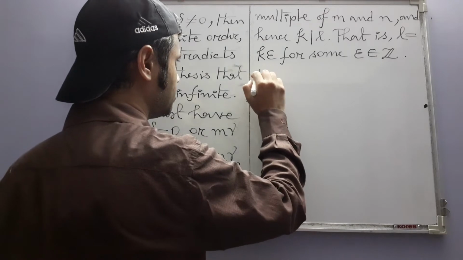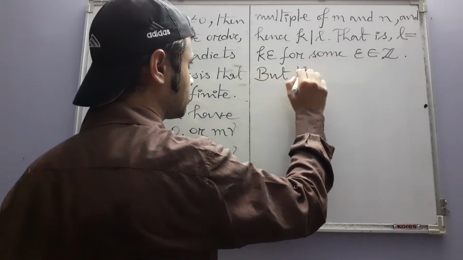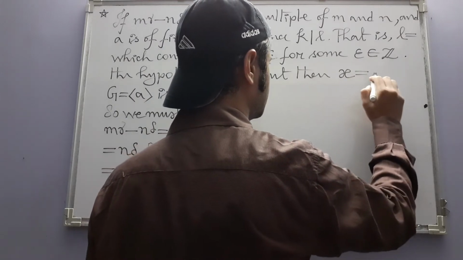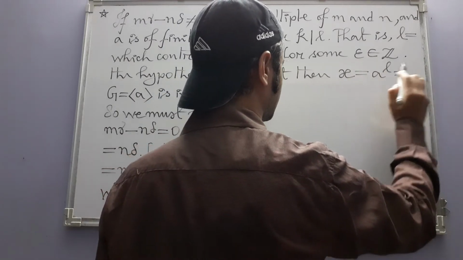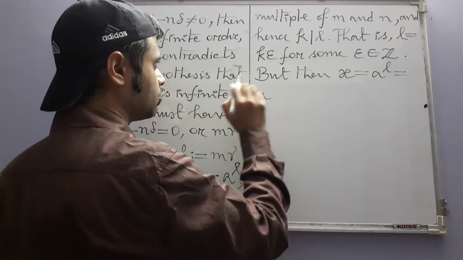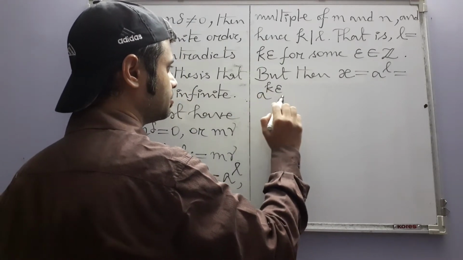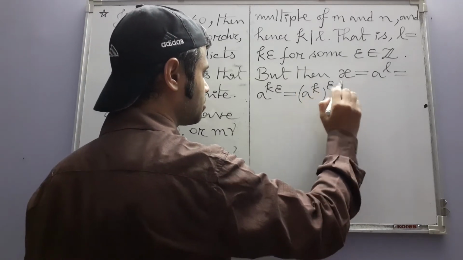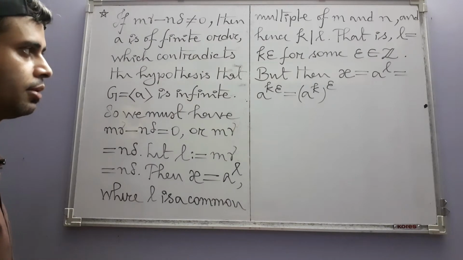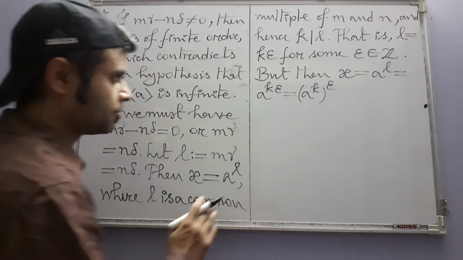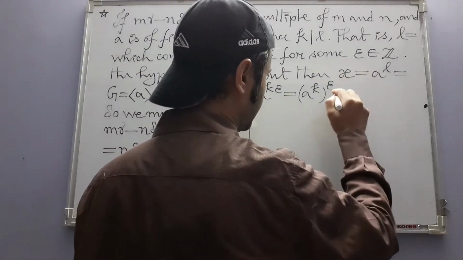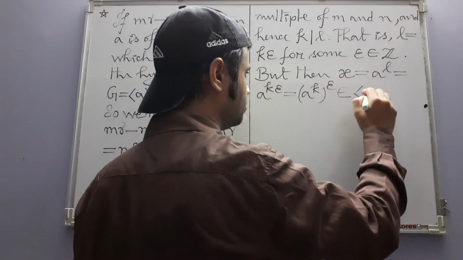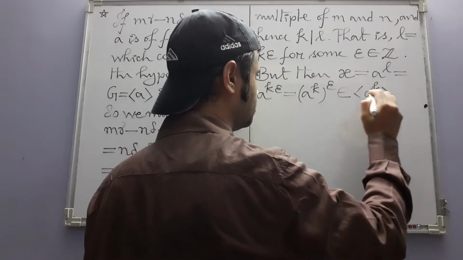But then x, which is a to the power L, is now a to the power k epsilon, and you can write this as the epsilonth power of a to the power k, again using one of the rules of exponents once more. And the form of this element tells us that it belongs to the cyclic subgroup generated by a to the power k.